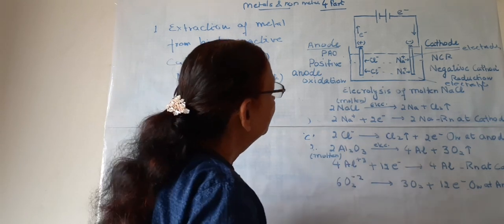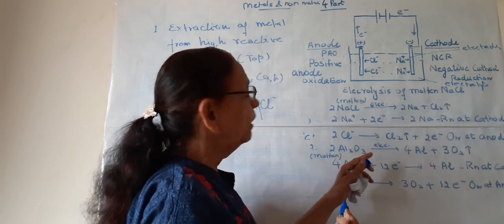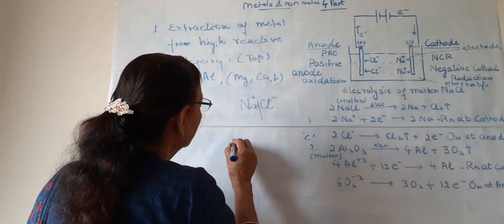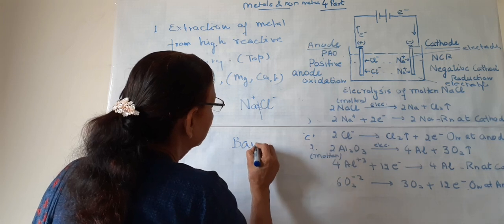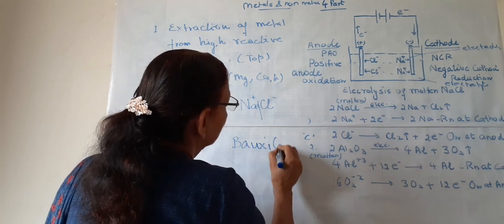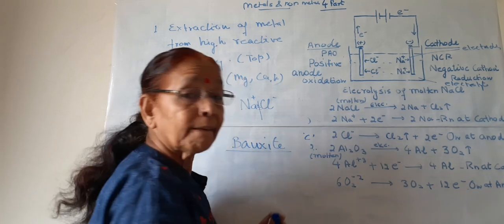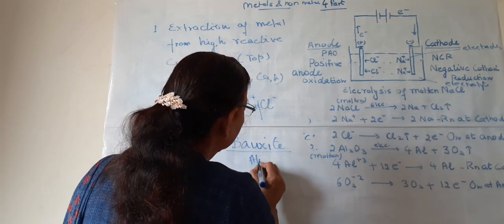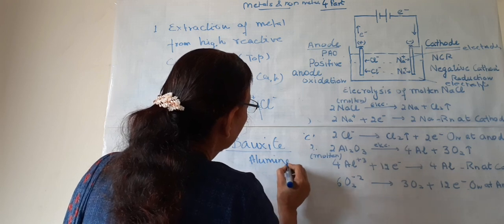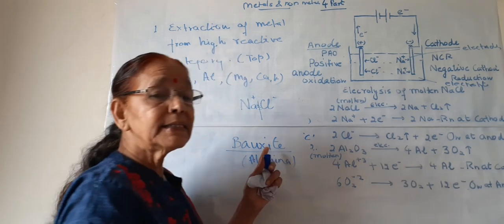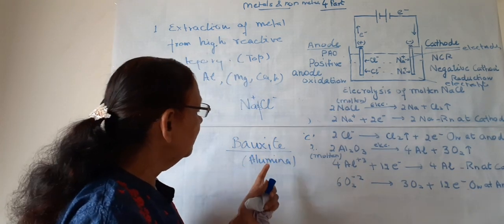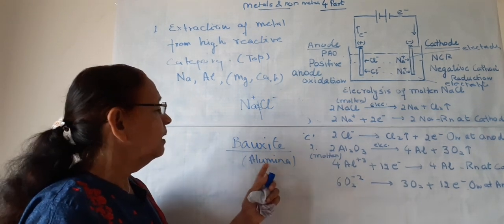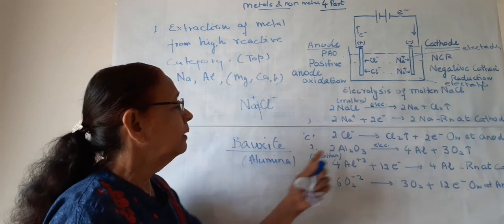The second example is aluminium oxide. The common name of the ore is bauxite, and the aluminium oxide present in bauxite, when it is enriched or concentrated, is the white powder known as alumina.